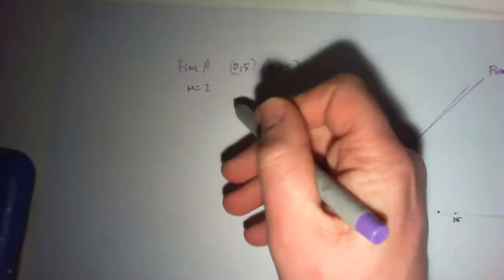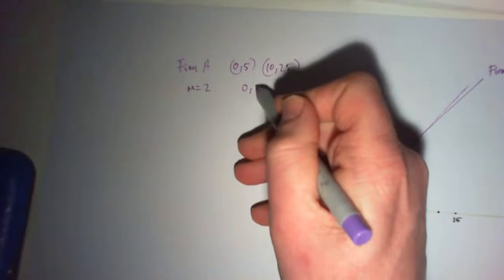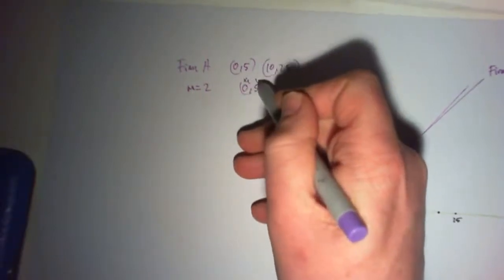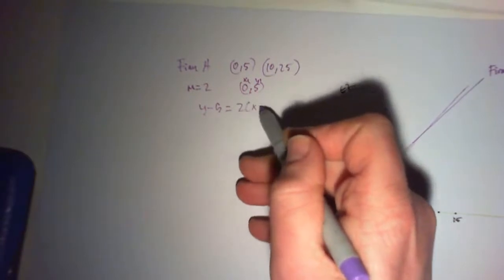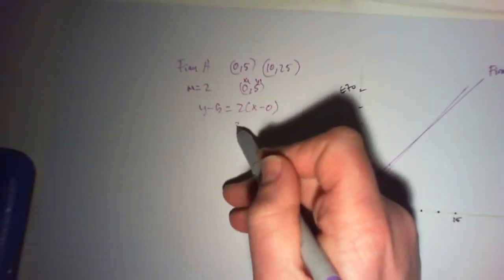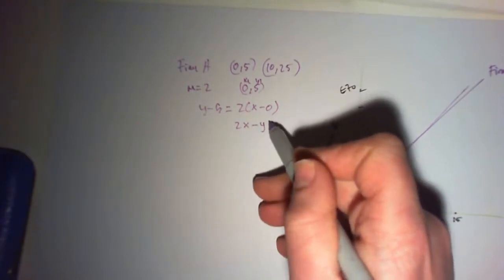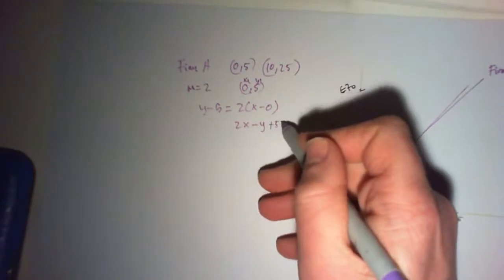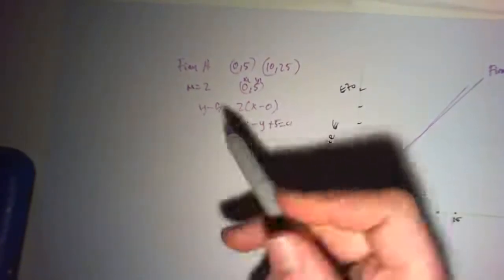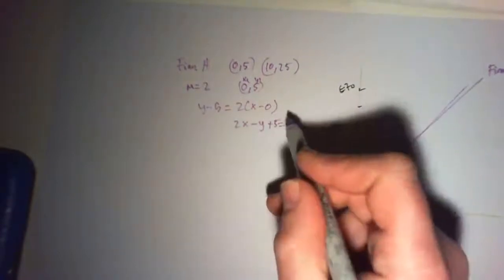And you can use either of those points, it really doesn't matter. Use 0 and 5 as your x1, y1. So you have y minus 5 is equal to 2 times x minus 0. Oh, I should have left it the other way. What we wanted is y is equal to mx plus c. So let's leave it as it was.